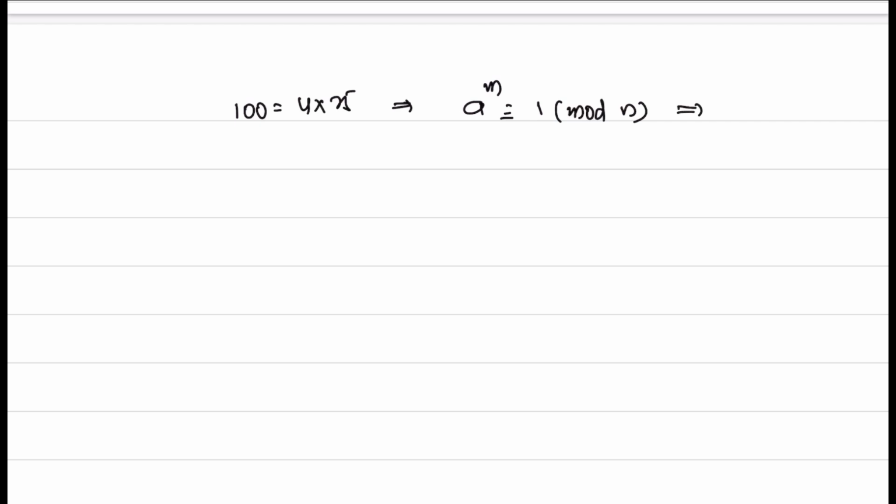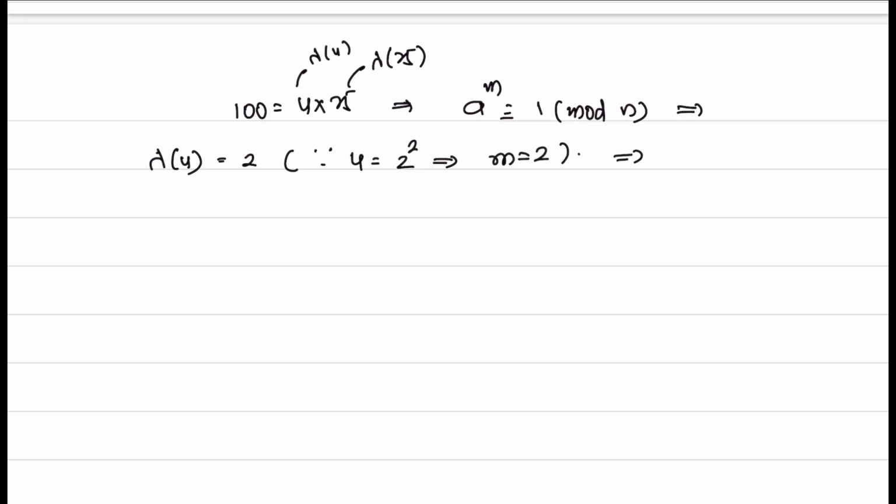By using this, for example, lambda 4 is equal to 2, since 4 is equal to 2 square, which implies m is equal to 2. That implies 2 square is equal to 1 modulo 4.